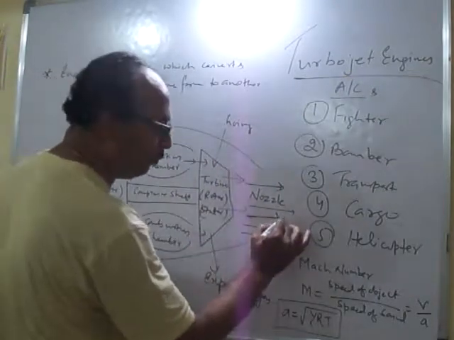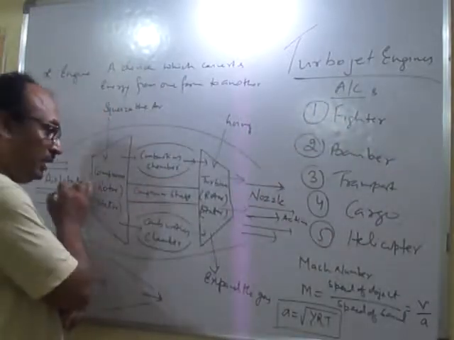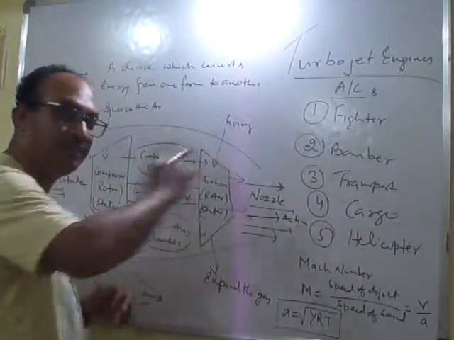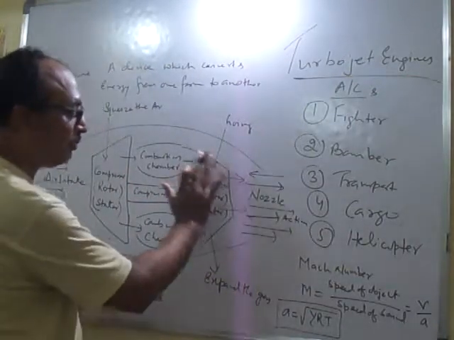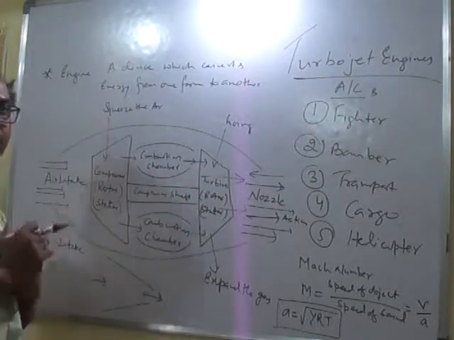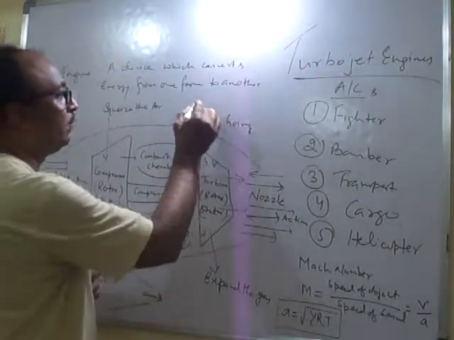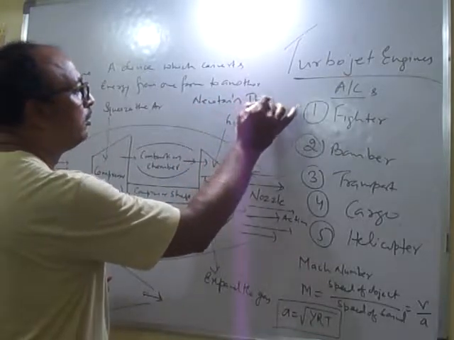The action force is in this direction, towards the axis of the engine. Whereas a reaction force is created, and the engine structure is forced forward. That is the reaction force as per Newton's third law.